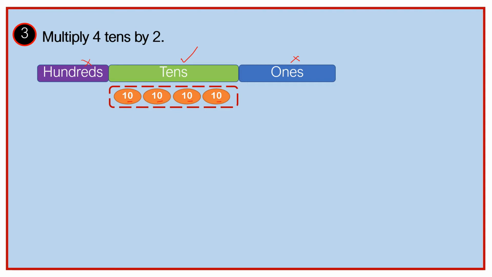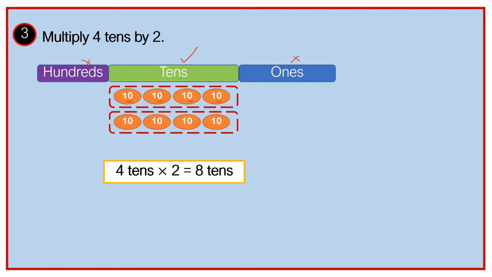So that is 4 tens by 1. Now 4 tens by 2. So you see that all together we have got 8 tens. So 4 tens times 2 equals 8 tens.